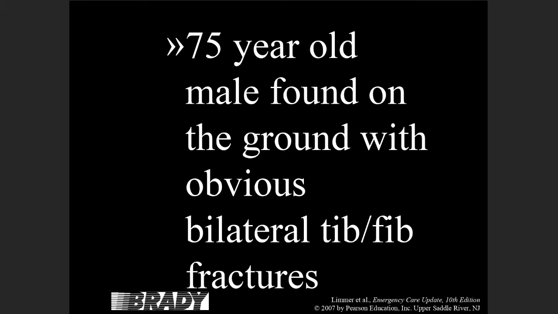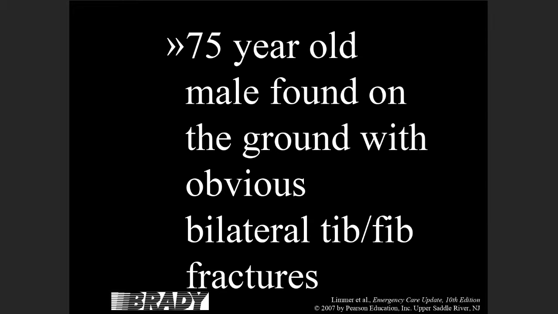Let's move on. 75-year-old male found on the ground with obvious bilateral tib-fib fractures. You're all saying 2, but do we have enough information to make that assessment? No. Do we know about his mental status?